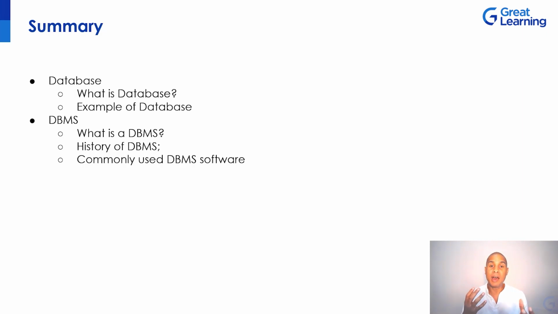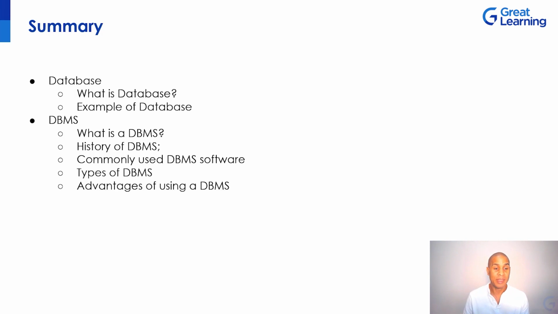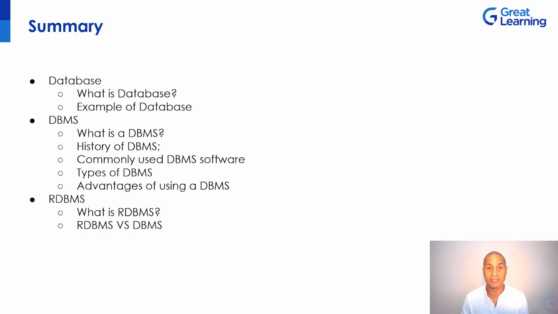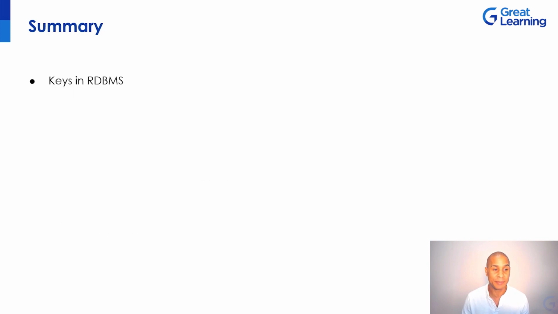We looked at commonly used database management software. And we looked at the advantage of using a DBMS. Also, we looked at relational database management systems, and we were able to contrast that with the data management system. And we also looked into relational database systems versus a database management system.